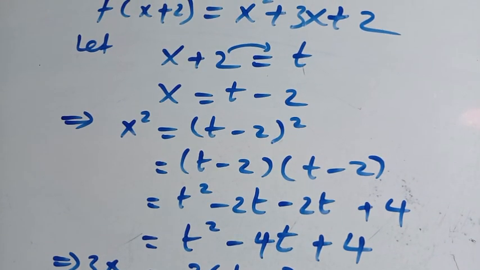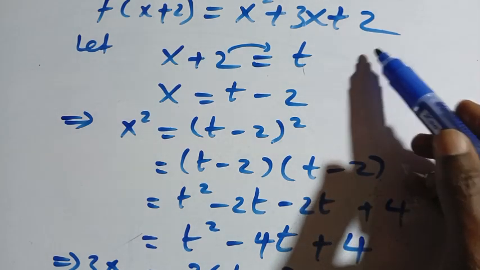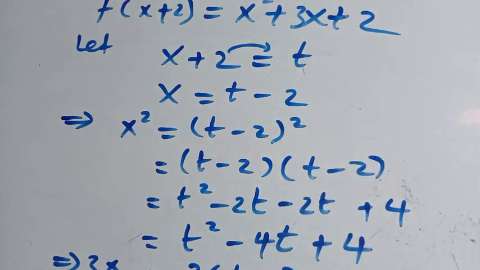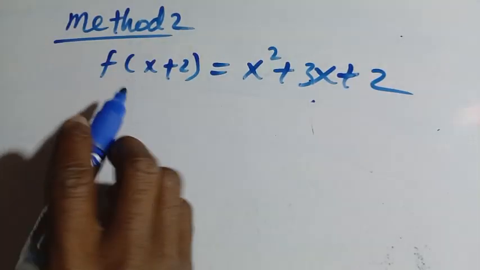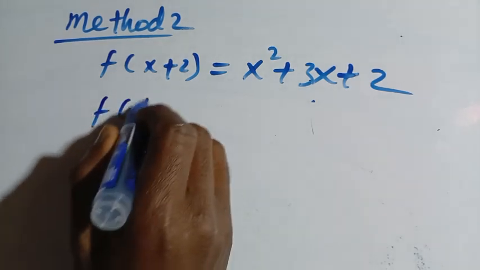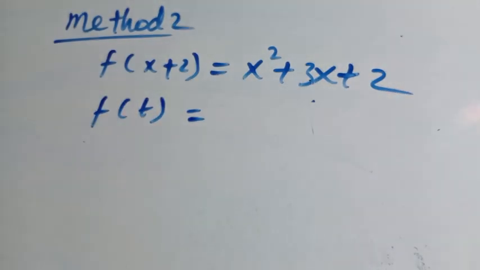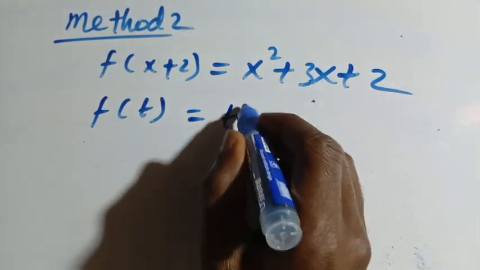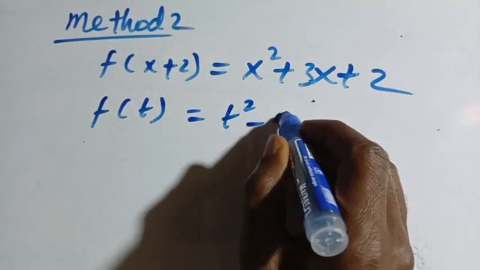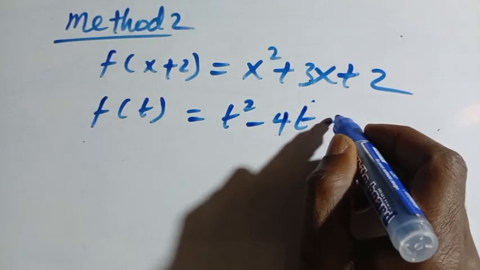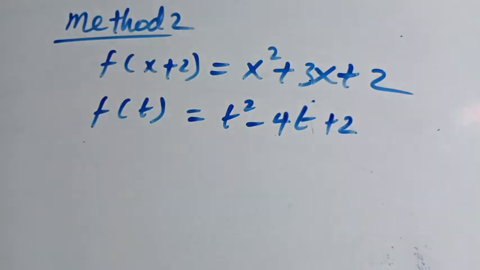We don't need to replace it with anything. Then let's try to substitute back into the given equation. So our x plus 2 here is just t equals, and x squared here is what we got before, which is t squared minus 4t plus 4.